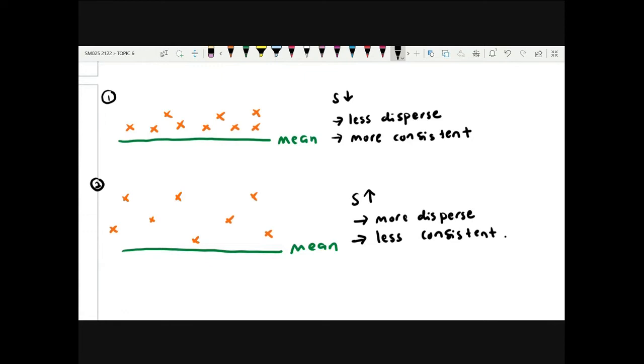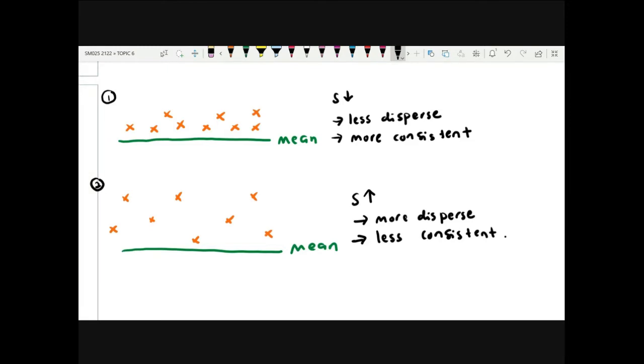Most of the time question akan bagi 2 set of data. So based on those 2 sets, you have to find the standard deviation and then comment or interpret your data. When it comes to standard deviation, the way you interpret the data, you must mention dispersity and consistency. 2 item ni: dispersed and consistent. So if it's low means less dispersed, dia jadi consistent.